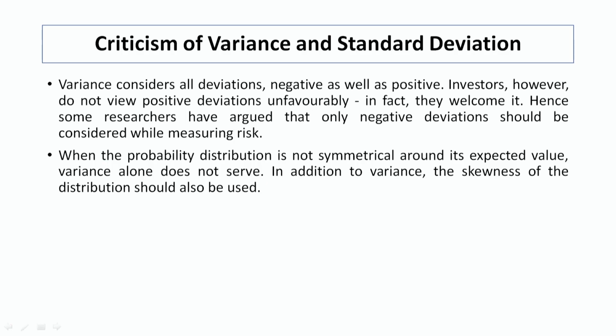Then, when the probability distribution is not symmetrical around its expected value, when we talk about the bell-shaped normal distribution, if it is not symmetrical around the expected value, the variance alone does not serve the purpose. In that case, we need to look at the skewness of the distribution, because it is going to explain in a much better way.